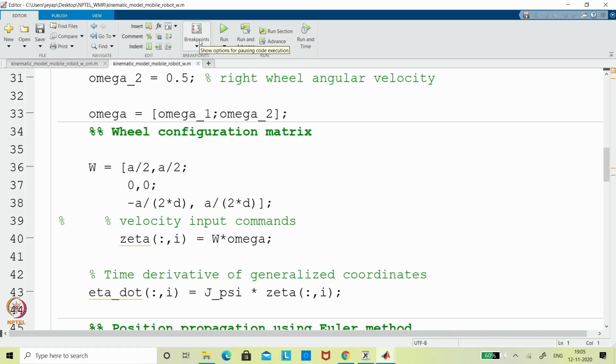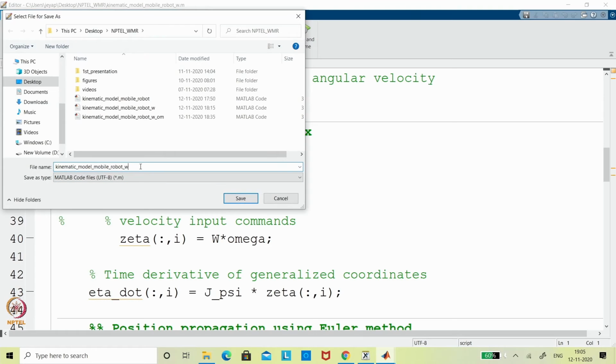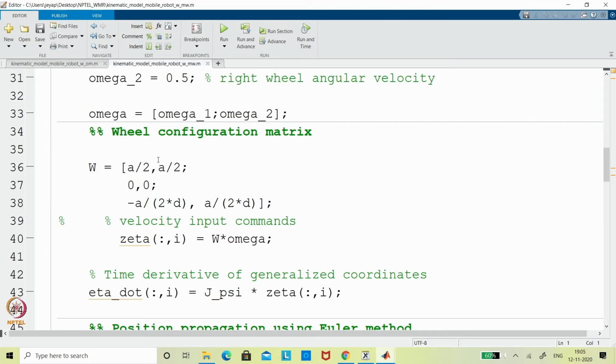Now what we are trying to see, I'll just use a new file just for our benefit. I am writing this as Mecanum wheel, okay. Now the Mecanum wheel would have 4 omegas, omega 3 and omega 4, right.